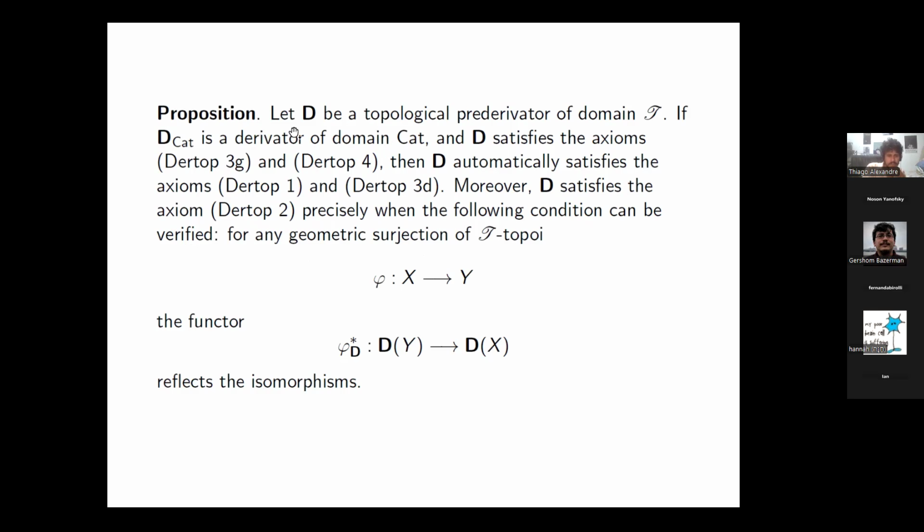We can verify that if we have a topological prederivator, and if the categorical restriction is a derivator of domain Cat, and it satisfies at least the third and the fourth axiom, then D automatically satisfies the first axiom, which asserts the existence of direct cohomological images, right?